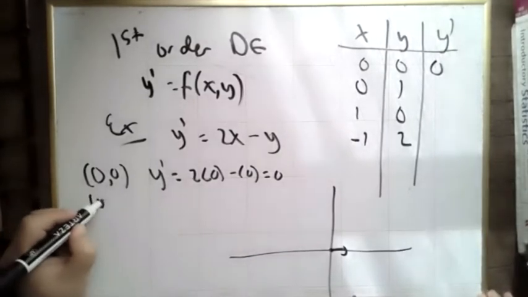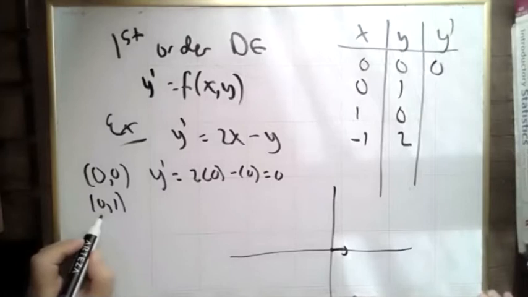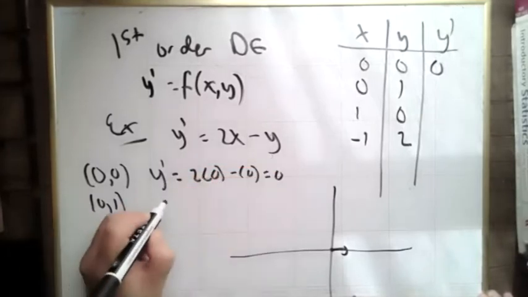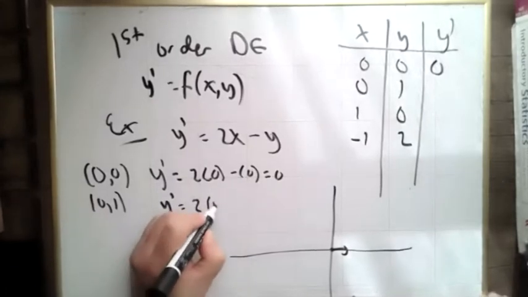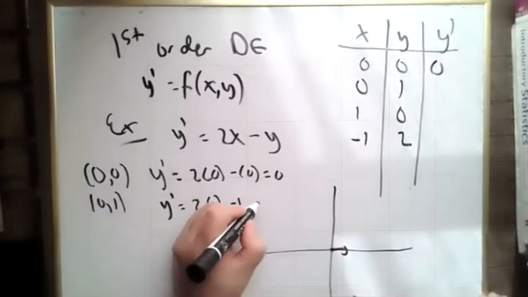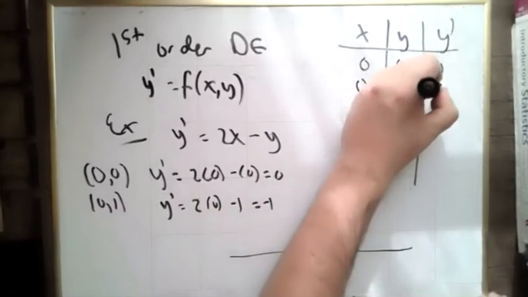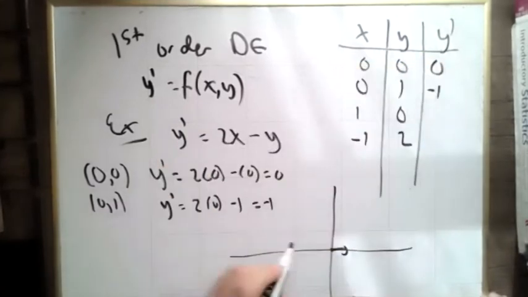What was the next one? It's 0, 1. So 0 for all the x's, 1 for all the y's. Y prime will be 2 times 0 minus 1. I think that's -1. So at the point 0, 1, I'm going to plot a unit vector that has slope -1.